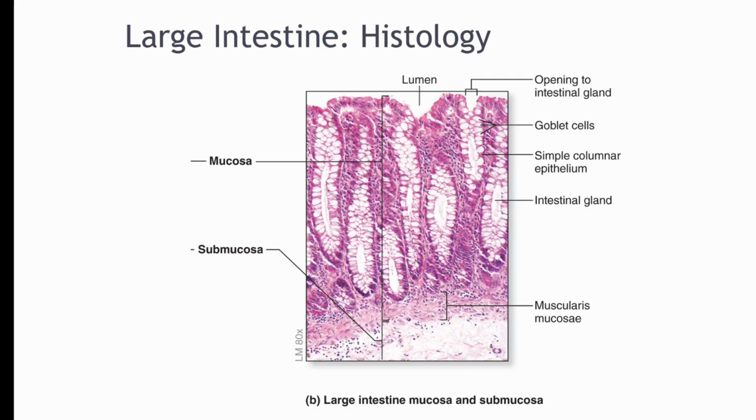And so it's essential to lubricate that passage. Otherwise, you would have tears all the time. So that's what these whitish non-staining things are. These are goblet cells that contain mucus that are released to the lumen. So whenever you hear the word lumen, the lumen is the inside of the tube.